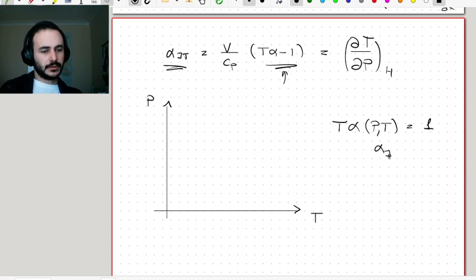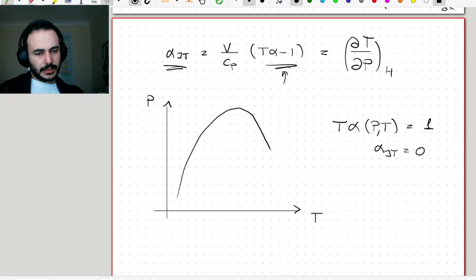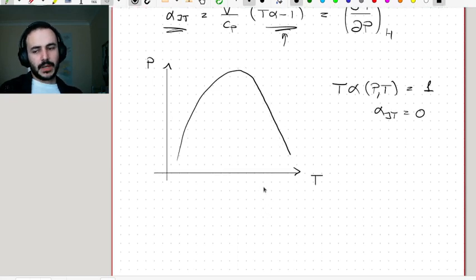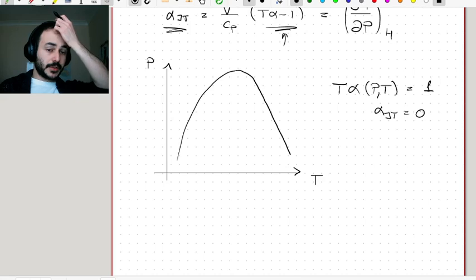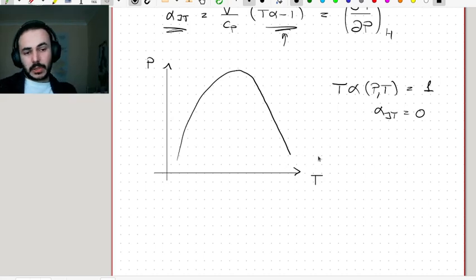Then the Joule-Thomson coefficient goes to 0. So where does this happen for a real gas? Well, if you plot the curve, it looks a bit like this. I have plotted it for you in the lecture notes for the specific case of a van der Waals gas. In general, real gases also look something like that.